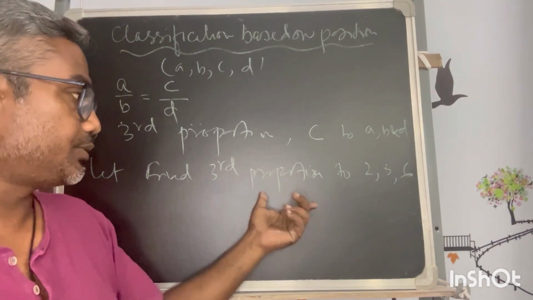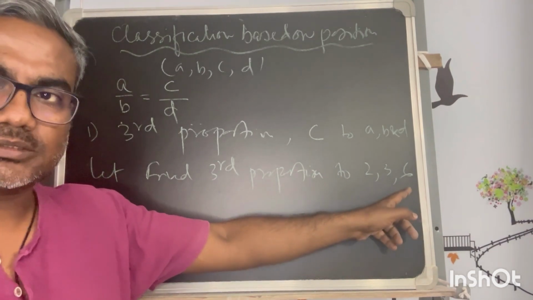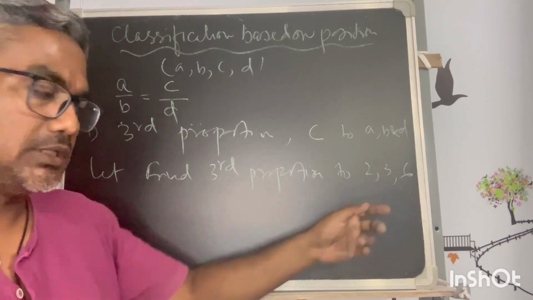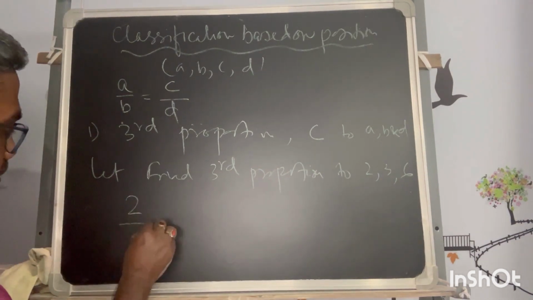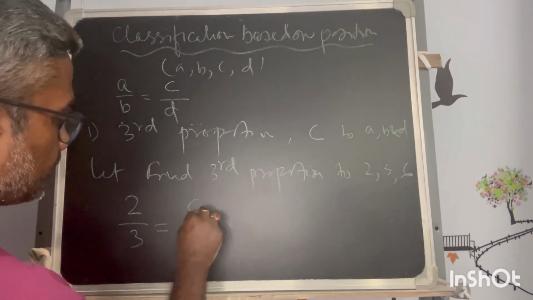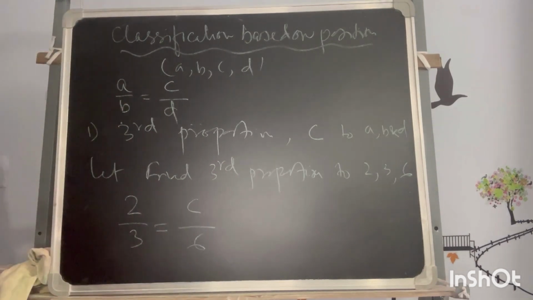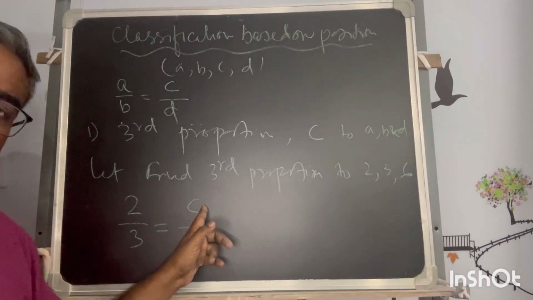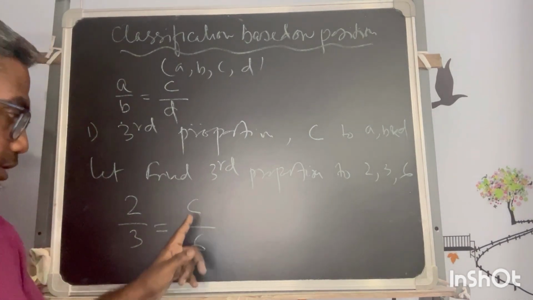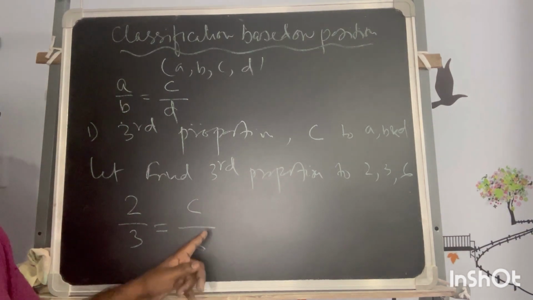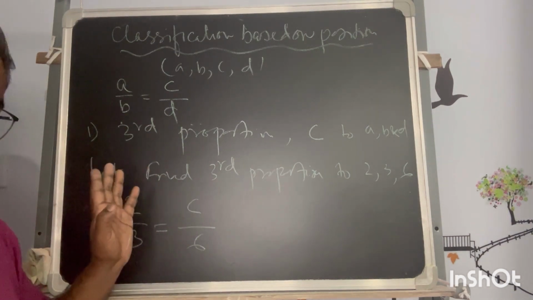This is the way it will be given in an example. You have to find the third proportion to 2, 3, 6, or of 2, 3, 6. Then you have to position your unknown correctly in place. Your third proportion has to be in this position. You cannot put it wrongly here; if you do, you will get a different value.